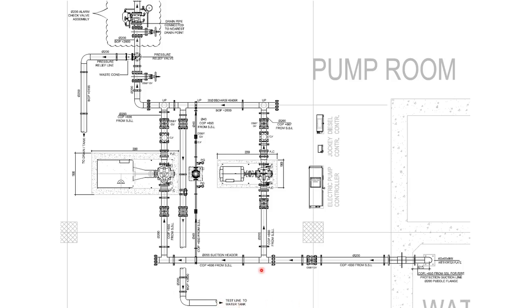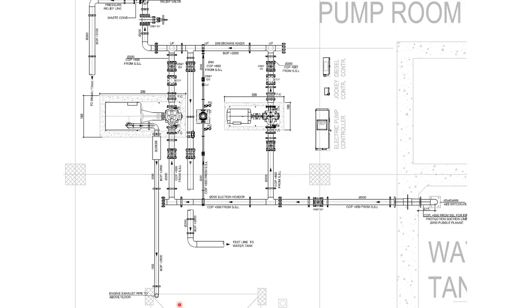Ninth step. See, in general we miss few things and don't care about the exhaust pipe size. These suction sizes and discharge sizes can be taken based on NFPA 20. However, the exhaust line sizing shall be determined based on derate factor calculations.